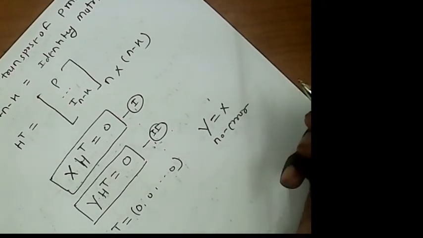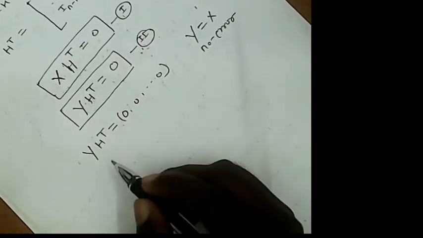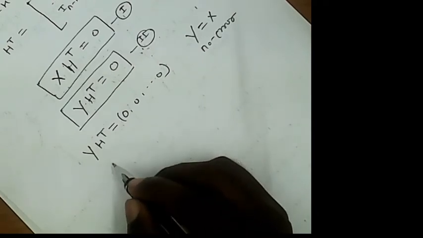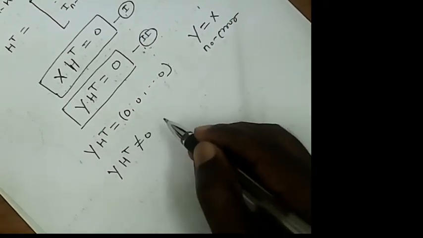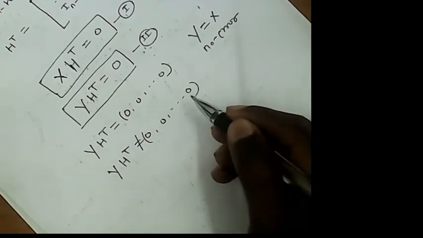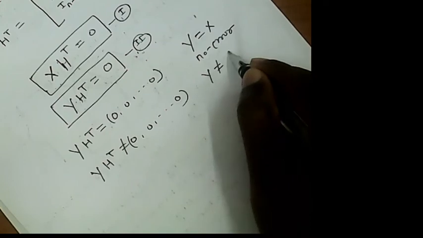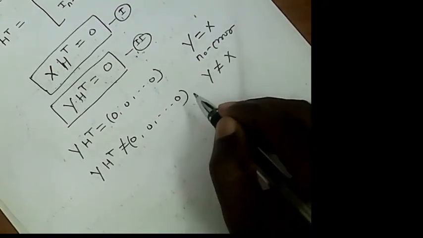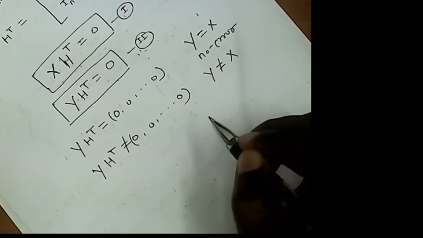So there is no error. And when y × H^T is not equal to 0, then the transmitted code word is not equal to the received code word.